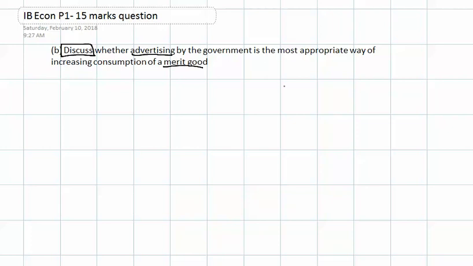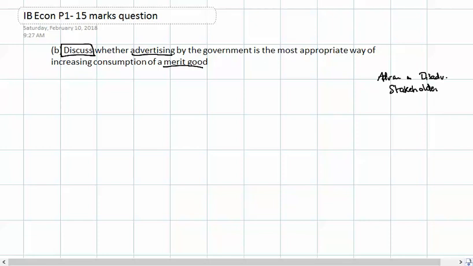Now, the structure of a 15 marks question is slightly more deep than the one of the 10 marks question, as you need to show perspectives or points of view and evaluate in terms of certain criteria. In micro, the main criteria are talking about advantages and disadvantages, and in the context of the effect on different stakeholders.